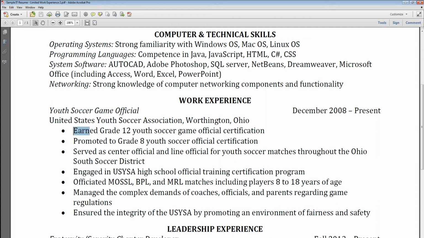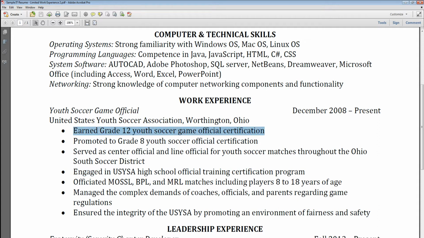So for instance, this top example here indicates that this individual earned. Another example is promoted. Another example is served. Another example is engaged. So all of these are very, very intentionally crafted action verbs to show the action that took place in this specific role. And that's what employers want to see. They want to see that actual action took place while you were working.